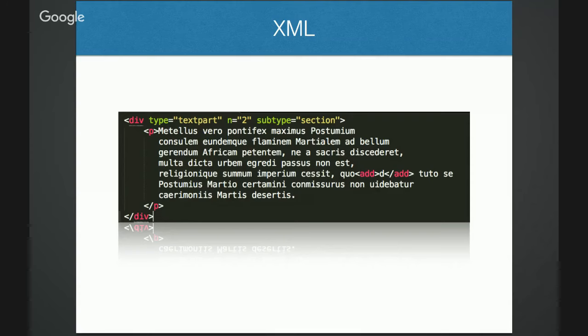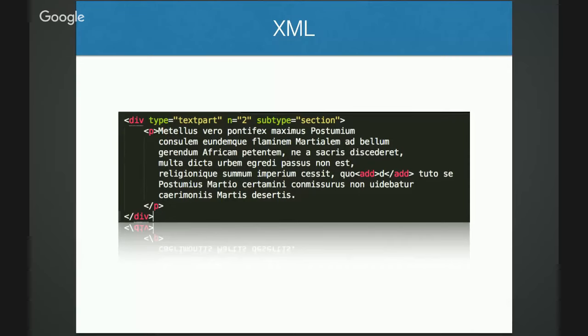And more precisely, this is section number 2 of a work. We are not really interested now in mentioning this work, but the point is that the markup is very clear and basically describes the text.